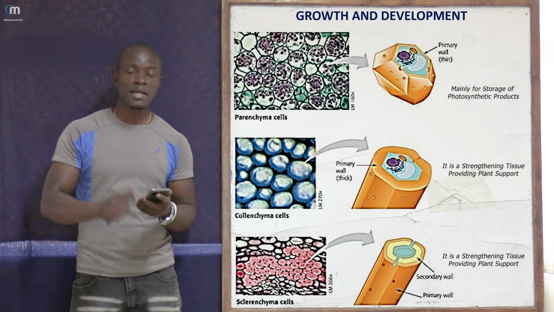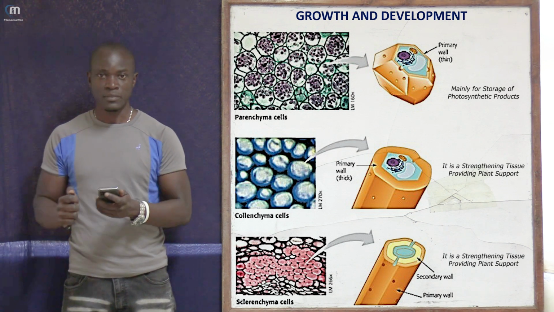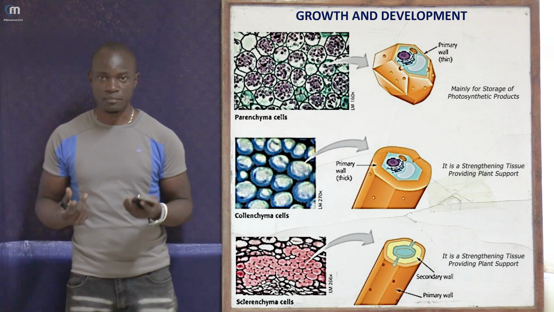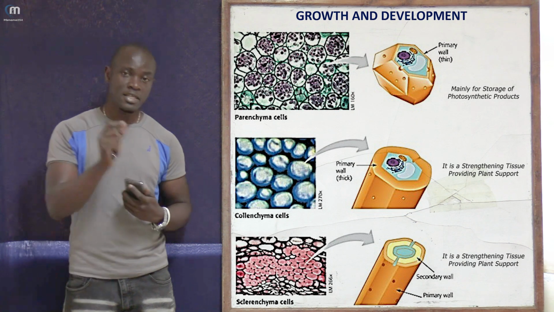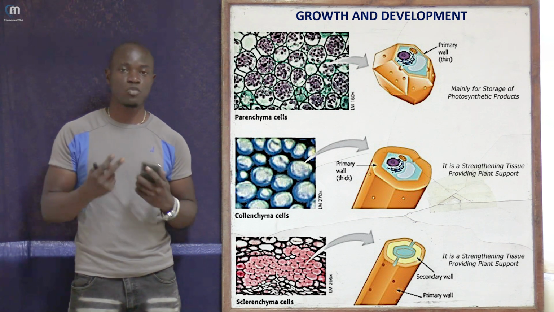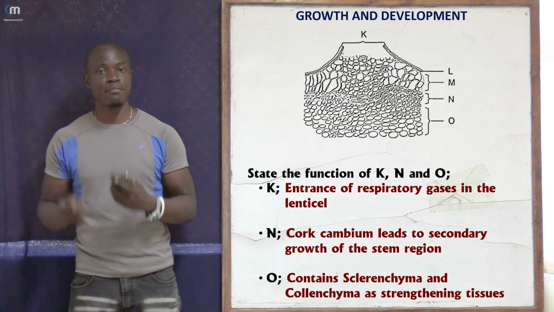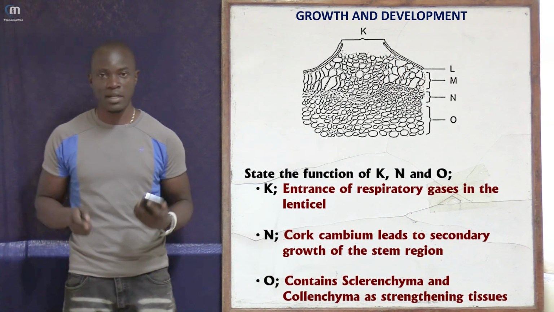That is the parenchyma, collenchyma, and sclerenchyma. The parenchyma cells serve two functions: they can store photosynthetic products, and they can also be used for support.